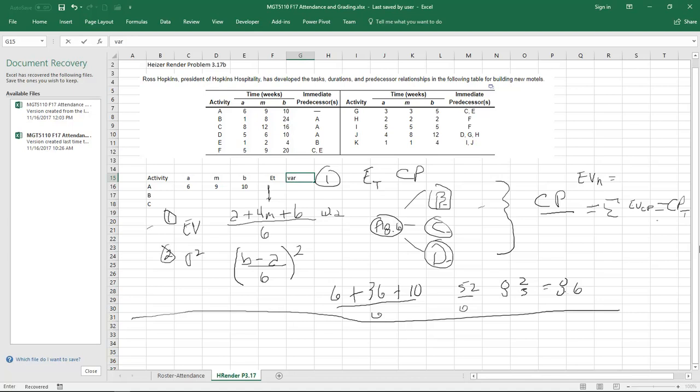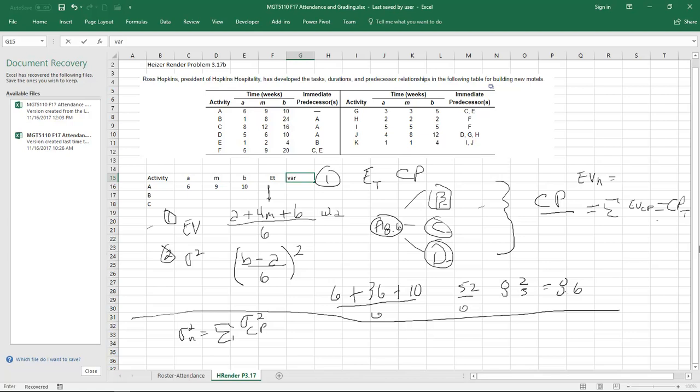Okay, and what we're going to do is, now that we have the critical path, the variance of the entire network, okay, this is our entire network, through that is going to be the sum of the critical path variances, only the variances along the critical path.